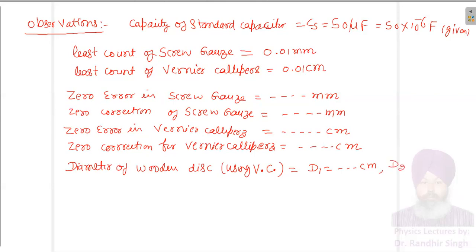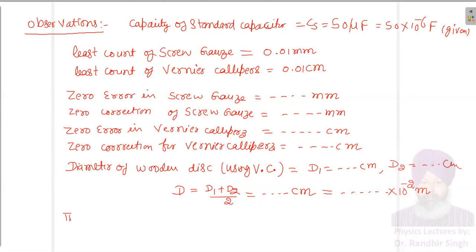Then D2, it will be in centimeter. Then I will take the mean value of diameter. It will be D1 plus D2 upon 2. At least 2 readings will be taken by me. It will be in centimeter, but I have warned you that we will be using everything in SI system. So we will have to convert whatever it comes. I will multiply it by 10 raised to power minus 2 and I will convert it in meter.